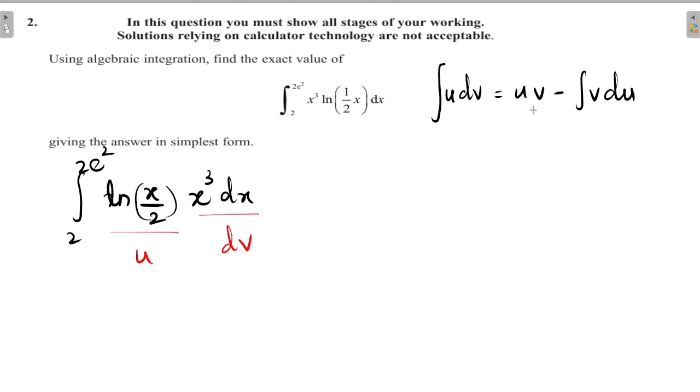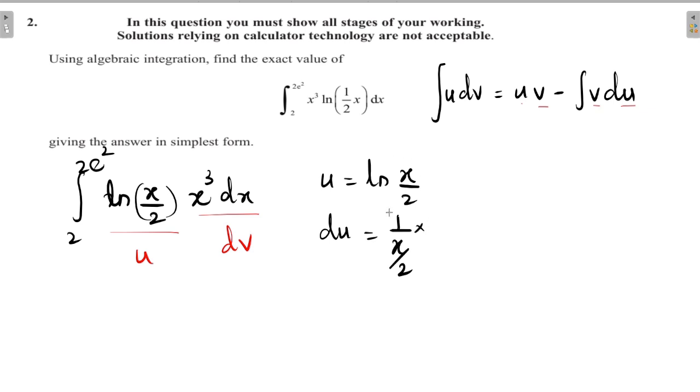Now we can find what is u, what is v, what is du with the help of this given function. So we are going to write u is equal to ln x by 2. So what is du? Du is equal to the differentiation of u with respect to x. Ln x differentiation is 1 by x. So here 1 by x by 2.